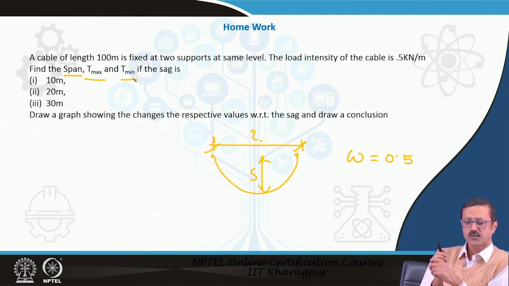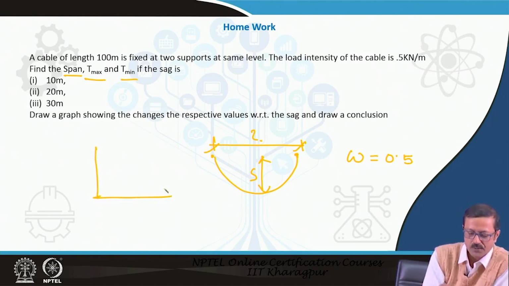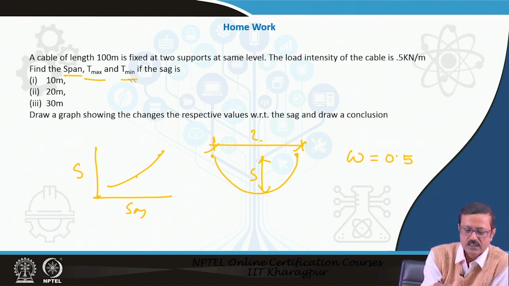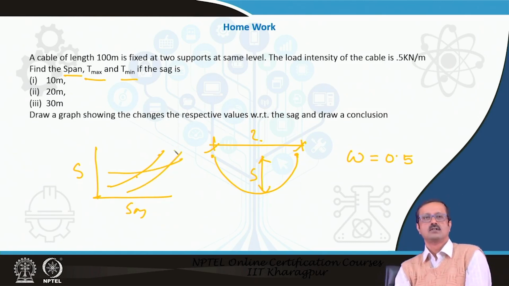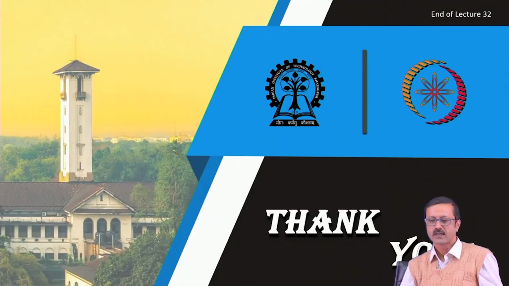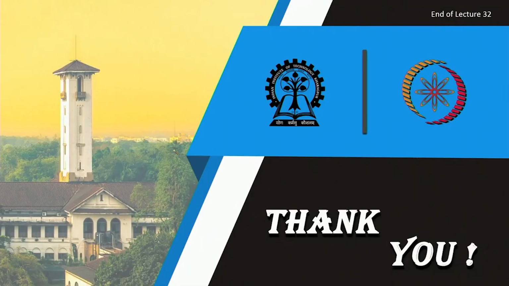Draw the graphs showing the changes of the respective values with respect to the sag. So you have to draw some curves. Suppose this is the span and this is the sag, how it is changing, and also for T max and T min, how they change in the case of these 3 changes of the sag, you have to find out. Thank you very much. That's the end of lecture number 32.